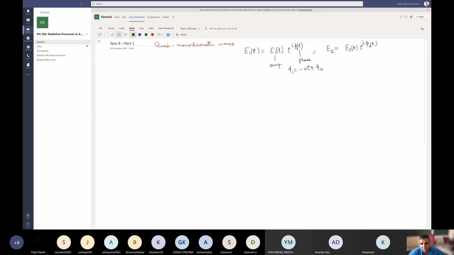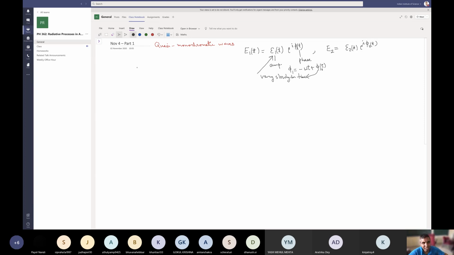But here we allow a slow time dependence on the amplitude and the phase. Basically, this amplitude factor and this phase factor vary slowly in time.